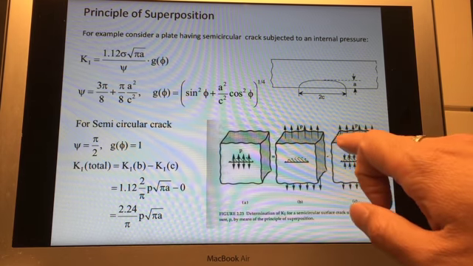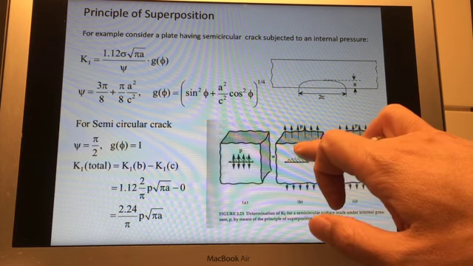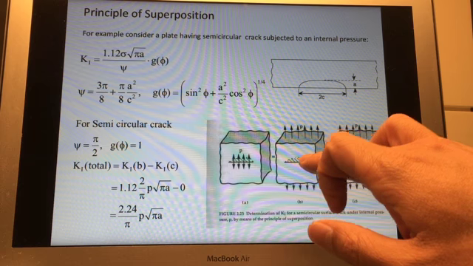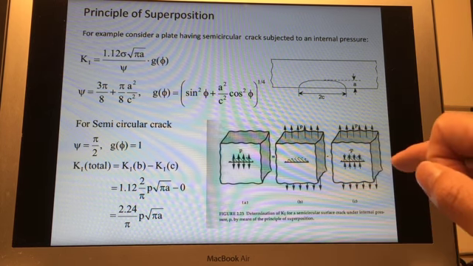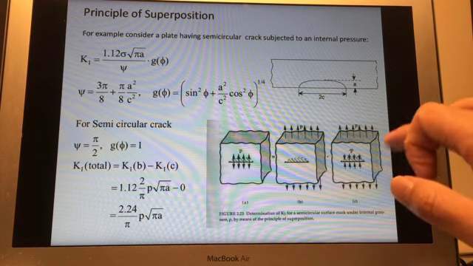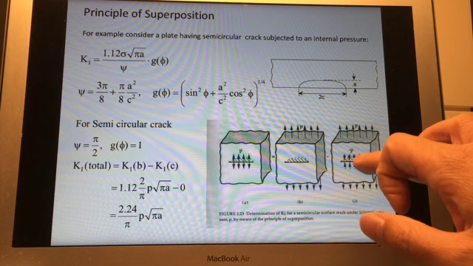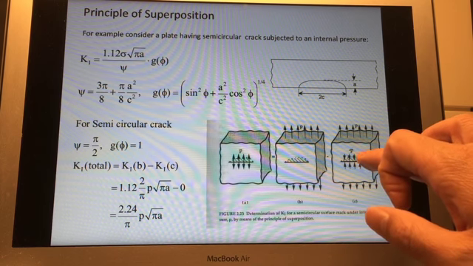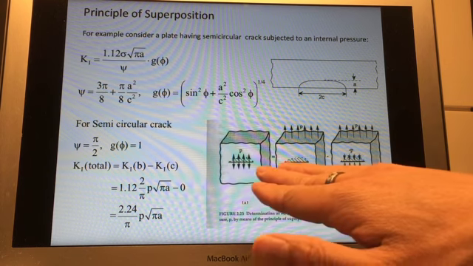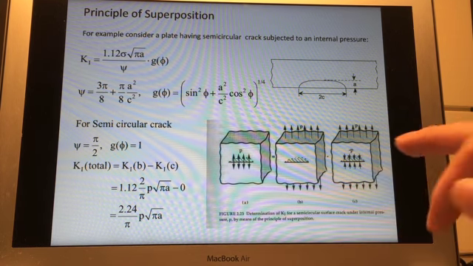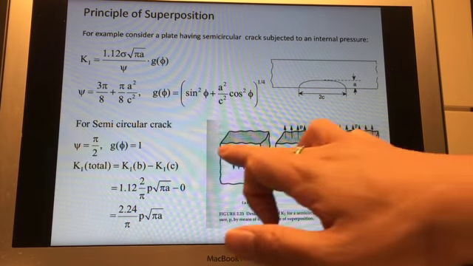The first one is you have a far field tensile stress applied on this plate with this crack, minus the case where you have the far field and also a negative, or compressive, pressure exactly the same as P. So we know the solution to this one, and we also know the solution to this one, and then we can get this one.